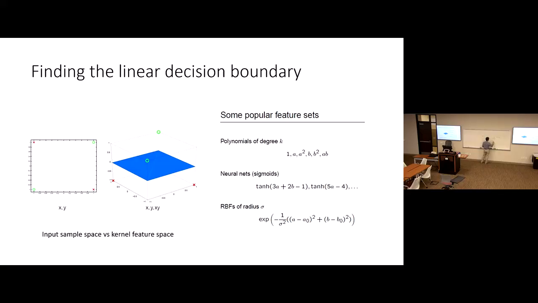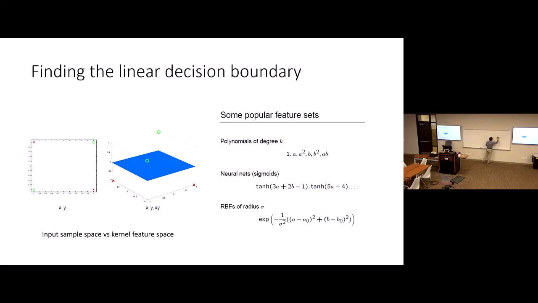Kernel function. If you select this kernel function smart enough, let's see, f of x, y. You can write this projection from this position to x, y, and x times y.